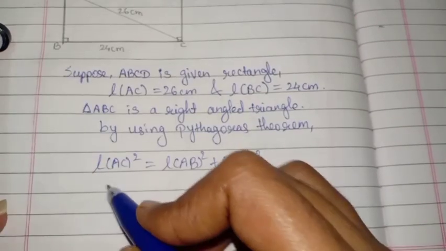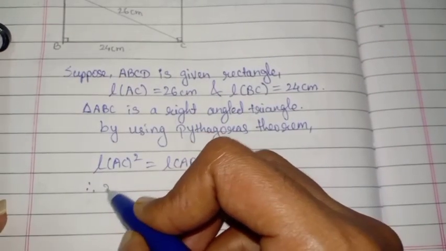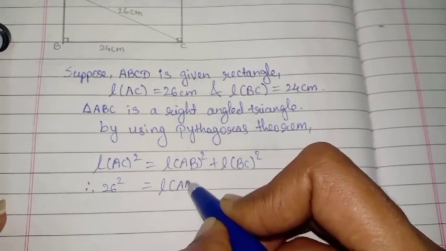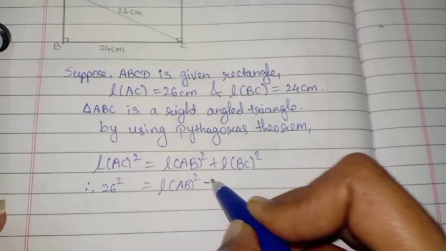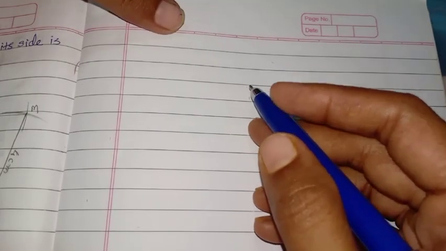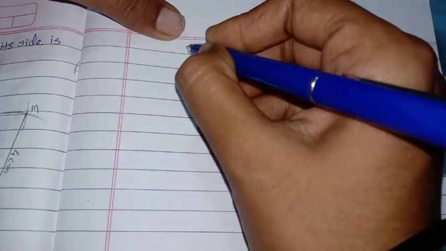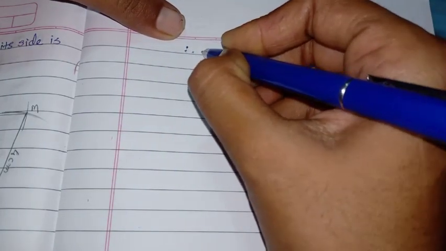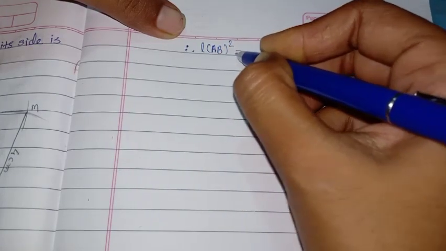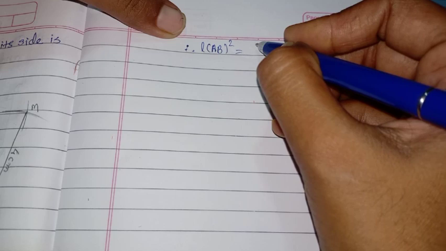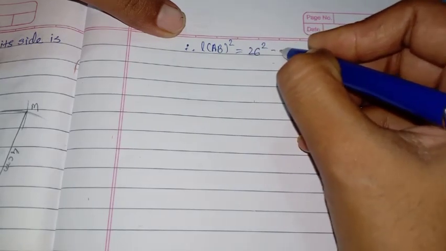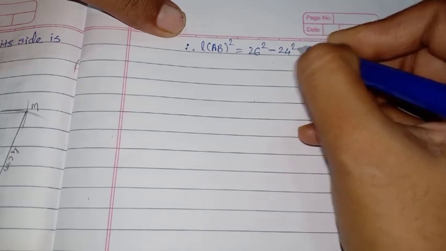Now what is the measure of length AC? AC is 26. So 26 square is equal to length AB square, which we have to find, plus BC is 24 square. So therefore length AB square is equal to 26 square minus 24 square.